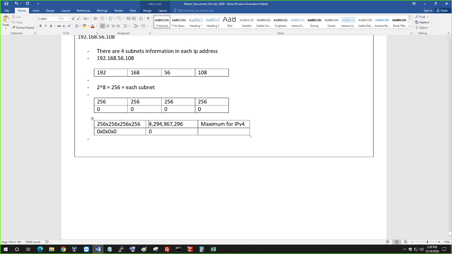Okay? So now if you have a subnet which is 0.0.0.0, how many are available? Because all of this is 0.